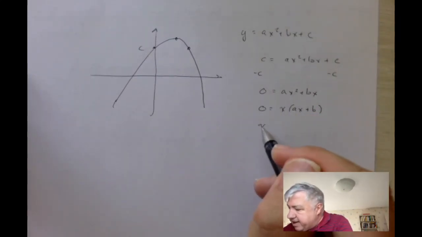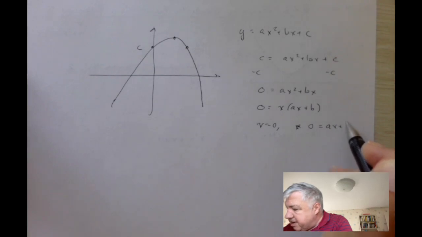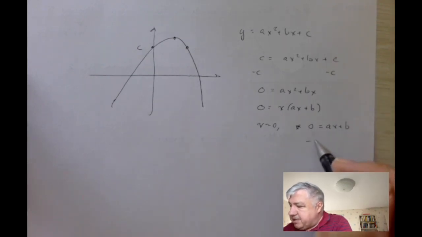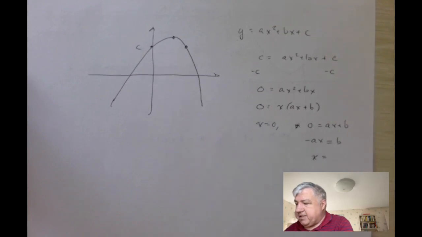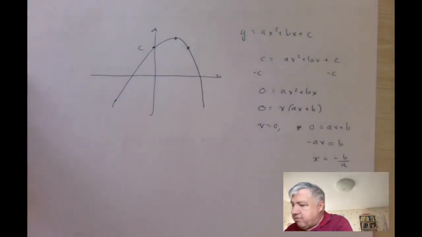So that means either x equals 0 or 0 equals ax plus b, in which case ax equals negative b, and we divide both sides by a, which we can do because a is not 0, so we get x equals minus b over a.